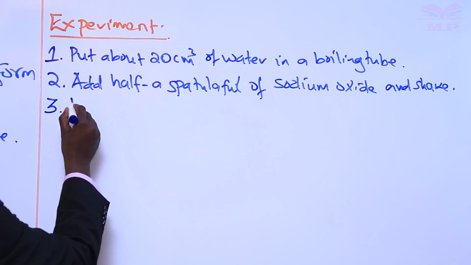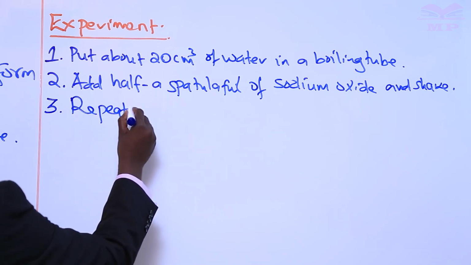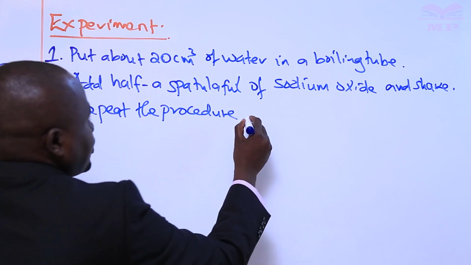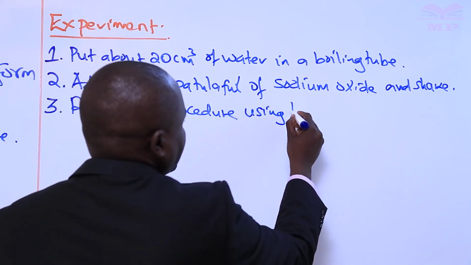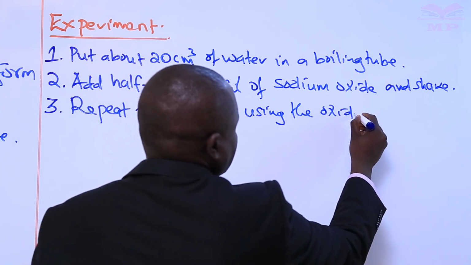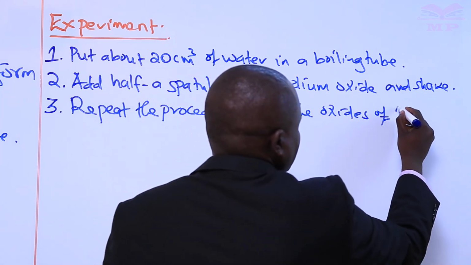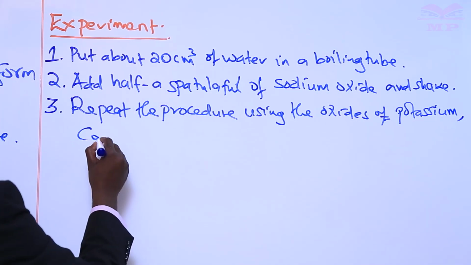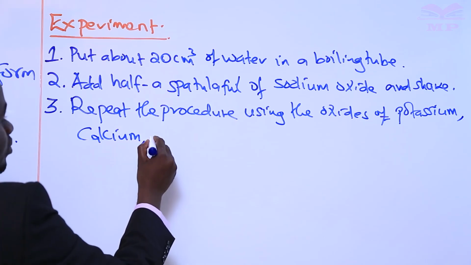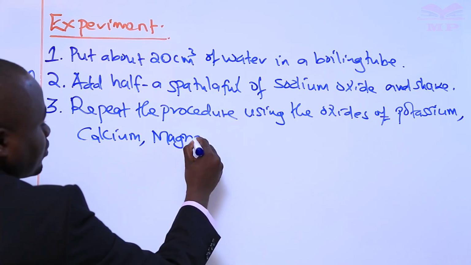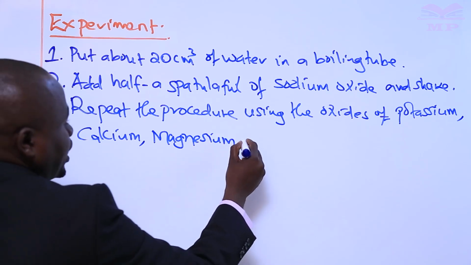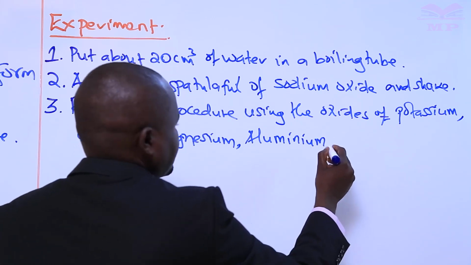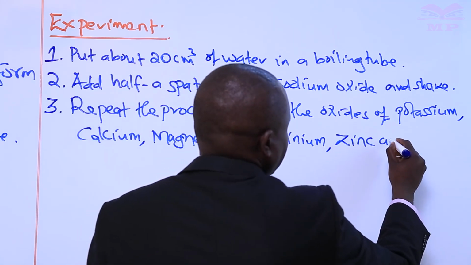Thirdly, you repeat the procedure using the oxides of potassium, calcium, magnesium, aluminium, zinc, and copper.